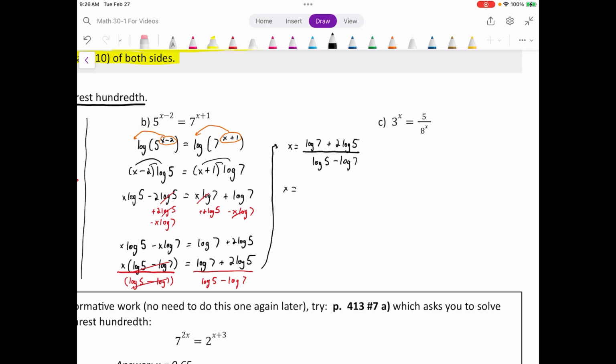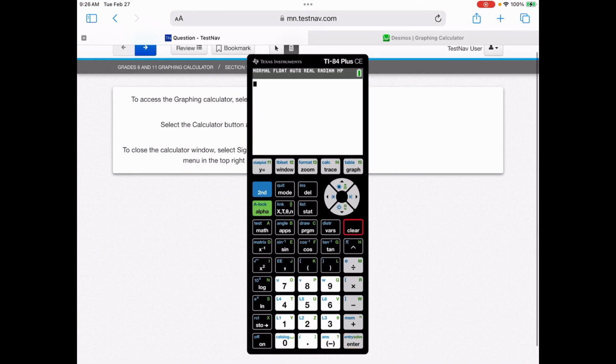So we can just put it in our calculator and get the approximate value to the nearest hundredth. So log 7 plus 2 times the log of 5, divided by, make sure you use brackets here, the log of 5 minus the log of 7. Brackets there are important.